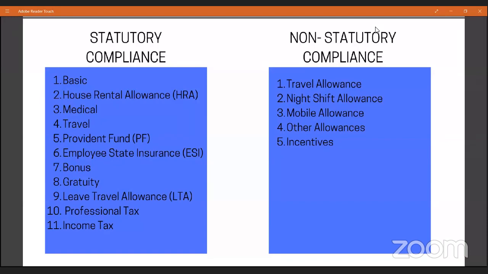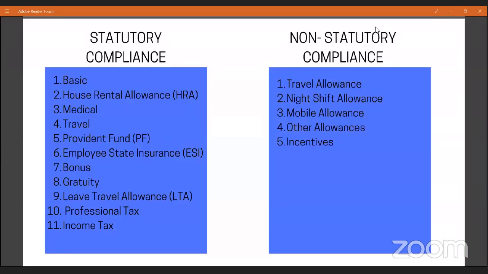There are a lot of ways of creating payslips. A lot of versions are there. So I'm going to tell you a version which I have mostly used, and some of the companies follow this pay structure mode. We discussed briefly basic, HRA, medical, travel, provident fund, and ESI, right?